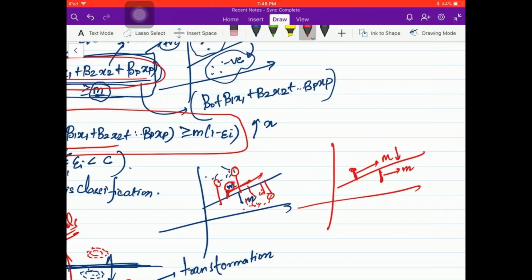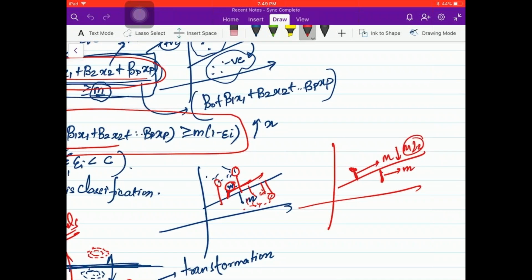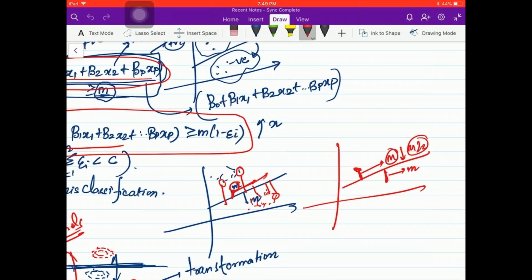M is the least distance that a point can be close to the line. Let's say no point can be at a distance M by 2 from the line, because I've chosen that this is the minimum distance that the point should have from the line. That's why I'm saying the line should have a proper good margin.